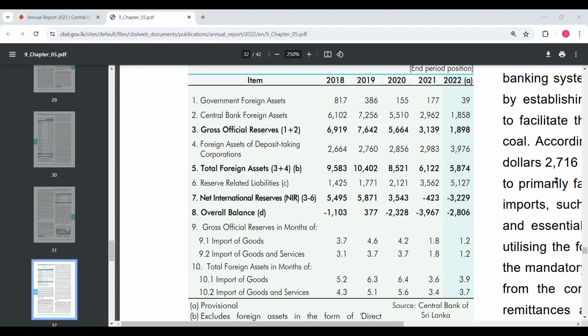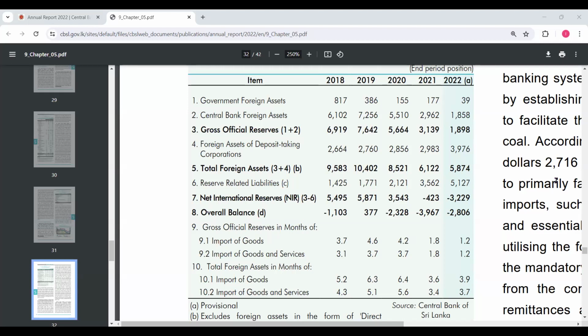A drastic reduction in central bank foreign assets. Look at gross official foreign assets, item number 3, from the high point of 7,642 by 2019. It has eroded to 1,898. Is that clear?